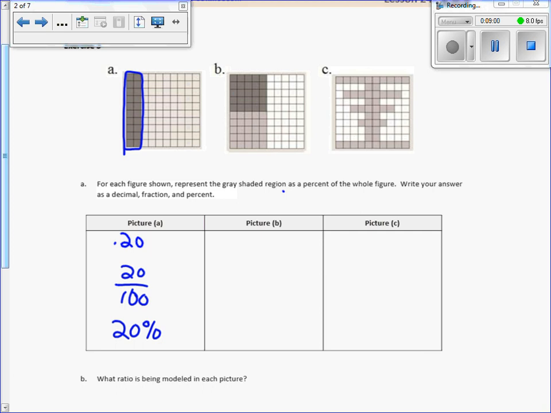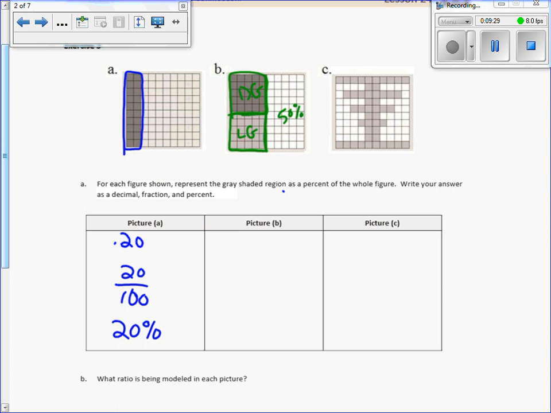Picture B. Okay, well, this is light gray. This is dark gray. All right, so this is a 5 by 5, which is 25. This is 5 by 5, which is 25. So this is 5 by 10, which is 50%. Okay.